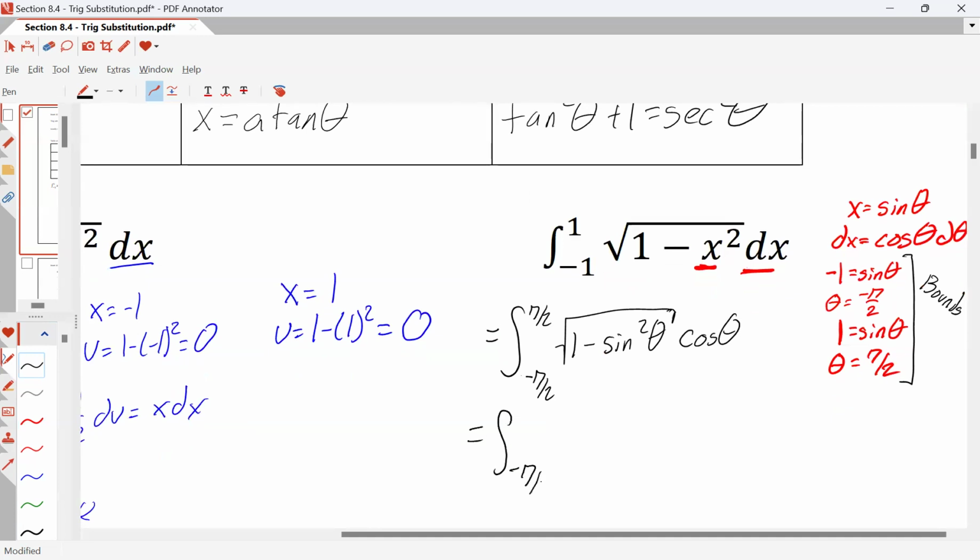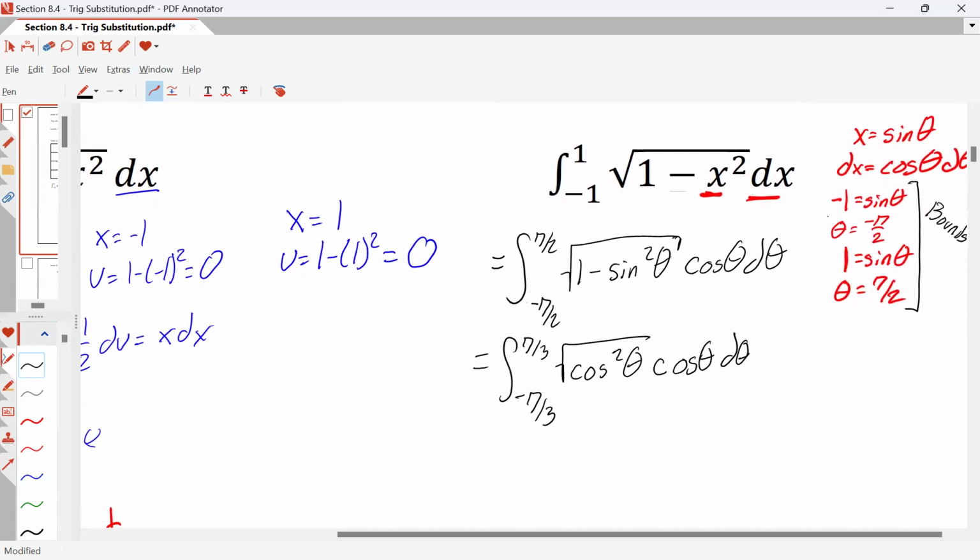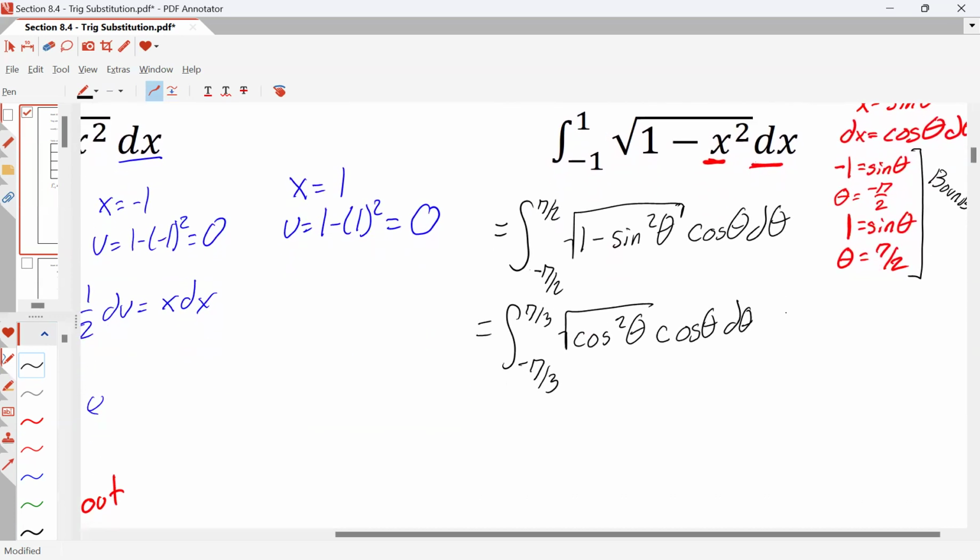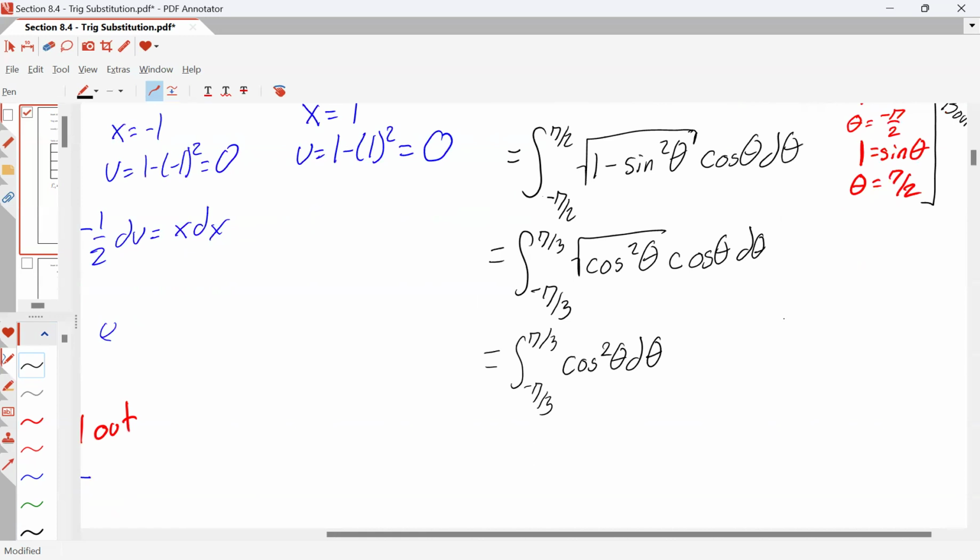We use the substitution because 1 minus sine squared theta is cosine squared. So 1 minus sine squared becomes a cosine squared theta. And we get this integral of the square root of cosine squared times cosine theta d theta. Of course, the square root of cosine squared is just cosine. So all together, we have the integral of cosine squared theta d theta.